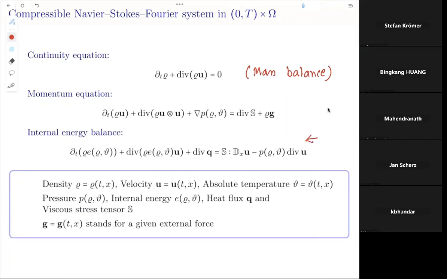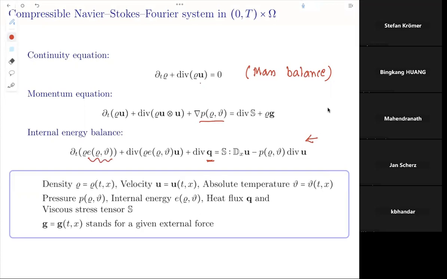So here rho stands for the density, u is the velocity, and theta is the absolute temperature. For the time being, we just consider these three as the independent state variables, whereas the other quantities are functions of them. You see the pressure here, P is the pressure, S is the viscous tensor, Q is the heat flux, and E is the internal energy.